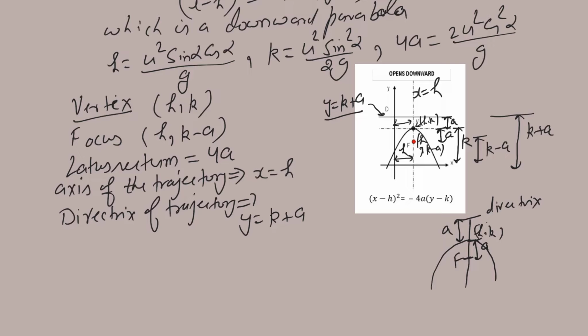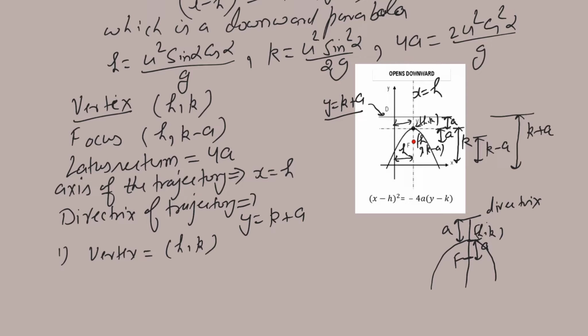So I have discussed with you all the parameters that we require of the trajectory. First is the vertex, and I will be using all these h, k and 4a. Now firstly I am going to write the vertex. Vertex is equal to h comma k. What is the value of h? This one.